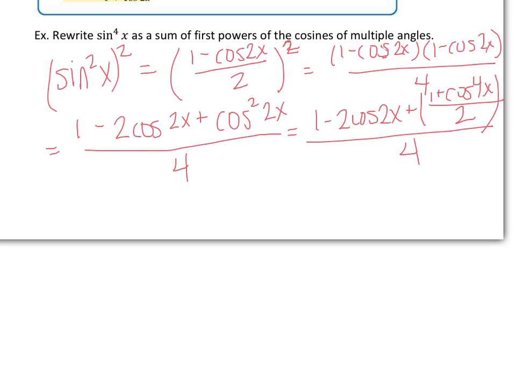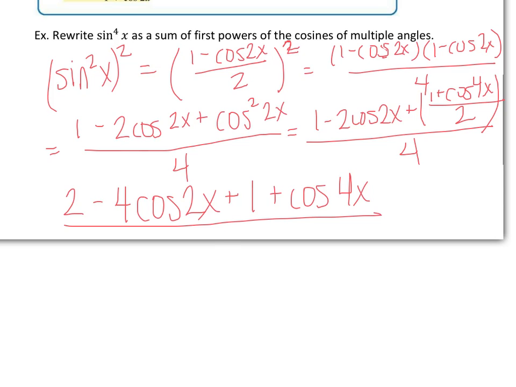Okay, now I need common denominators across the top. So I'm going to multiply these two by 2 over 2. So this is going to give me 2 minus 4 cosine 2x. You're not multiplying the angle, just the coefficient. Plus 1 plus cosine 4x. Common denominator of 2, all still divided by 4.